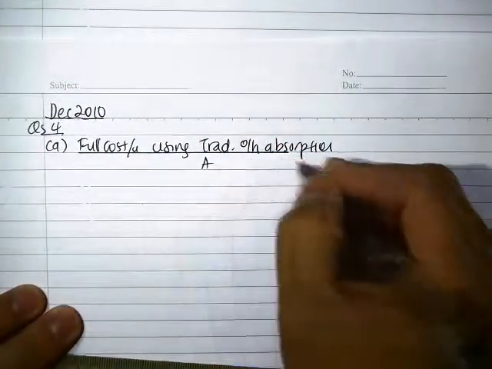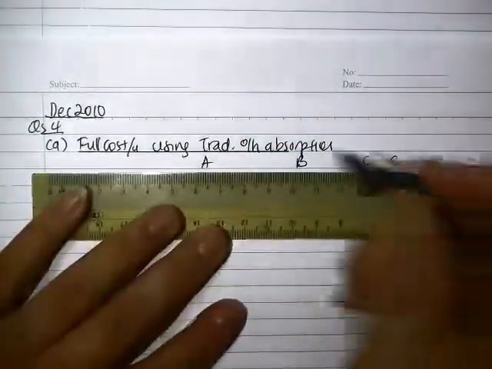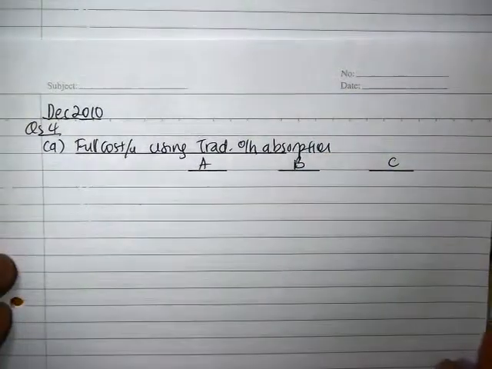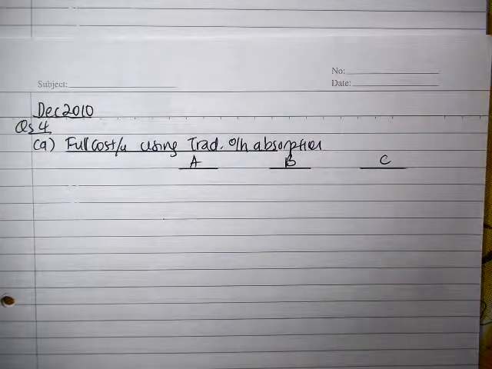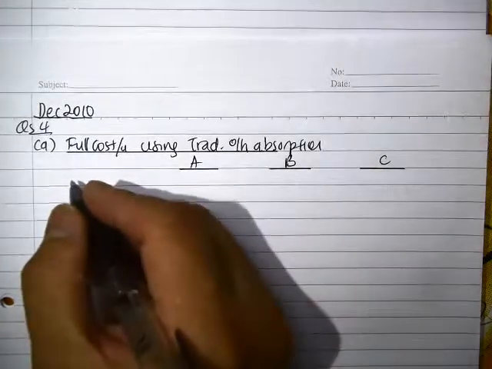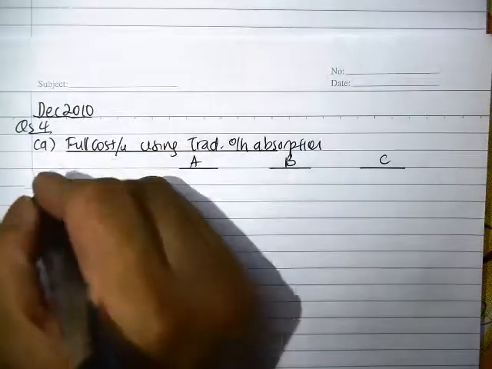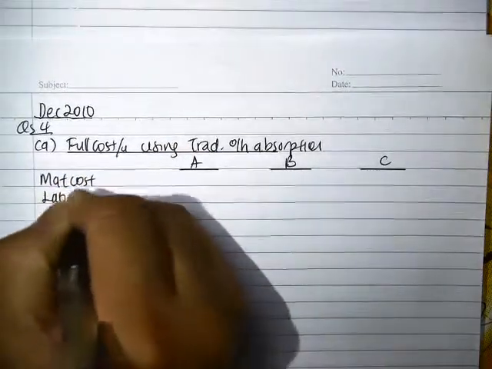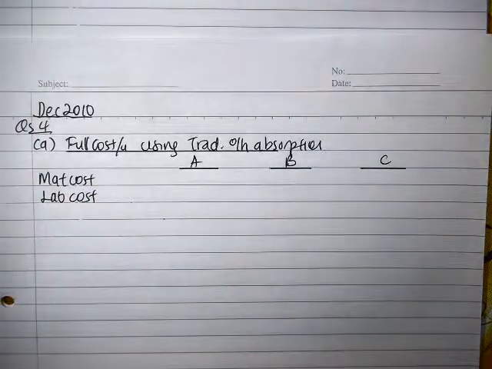Right, 3 products, ABC. Okay, so full cost will start with what cost? Your material cost and the labor cost, right?